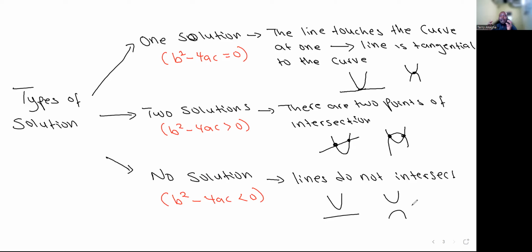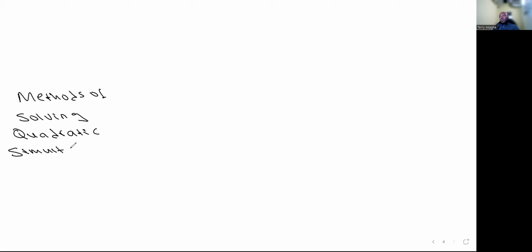So the next question you'll be asking is, okay Terry, then how do we solve this? Now, there are two basic methods of solving the quadratic simultaneous equation.